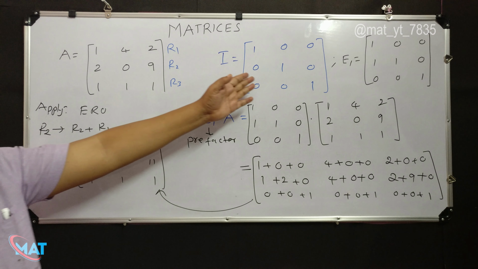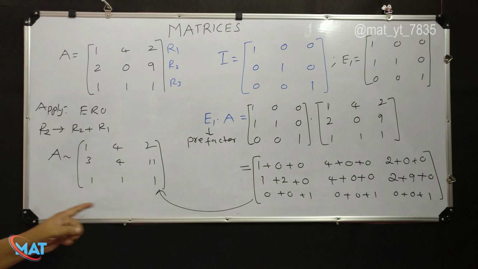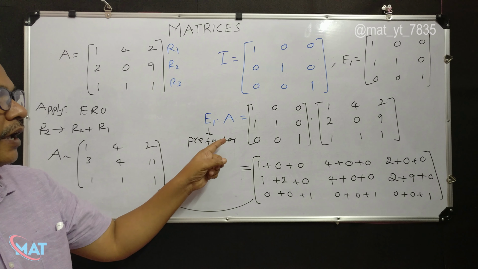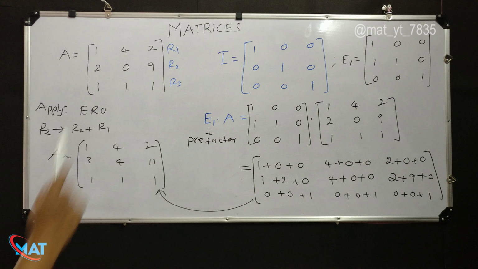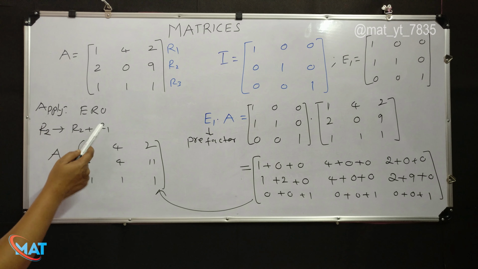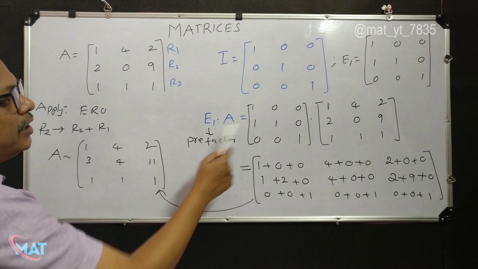The result equals the elementary matrix as a prefactor times A. That is the role played by elementary matrices in the product. Similarly, if you apply ECO, the elementary matrix so obtained is multiplied after A, and the product gives the same matrix as applying ECO on the original matrix.